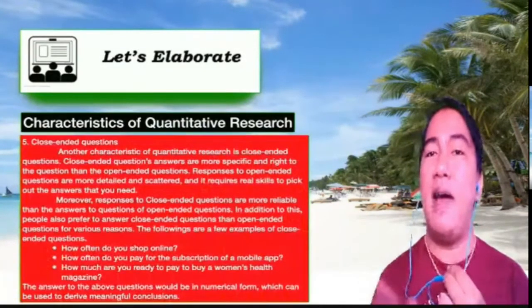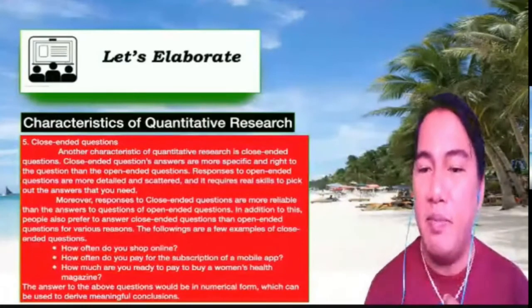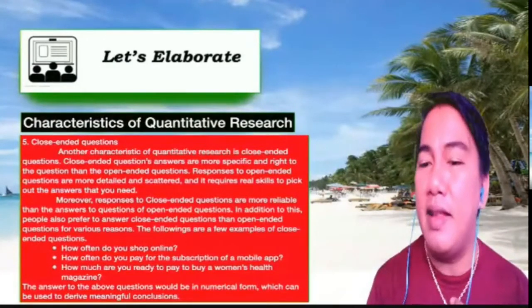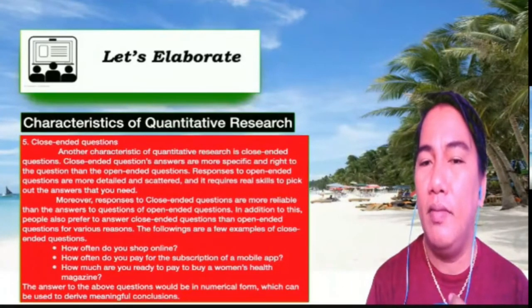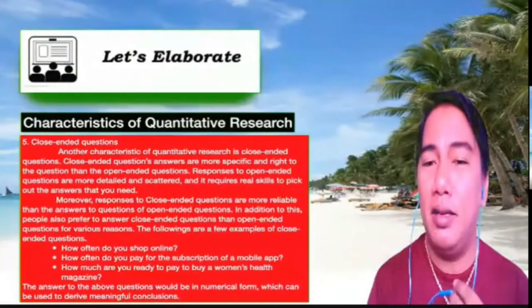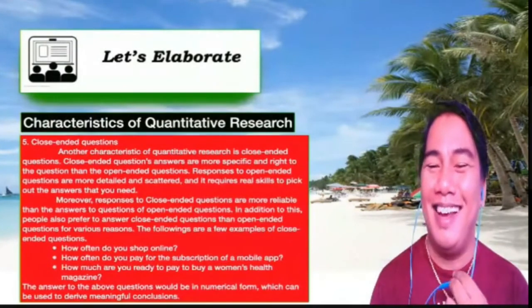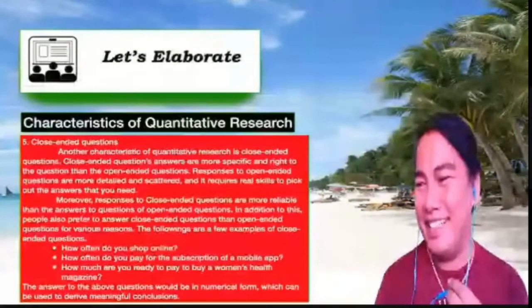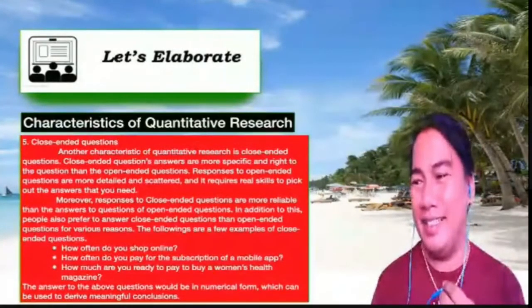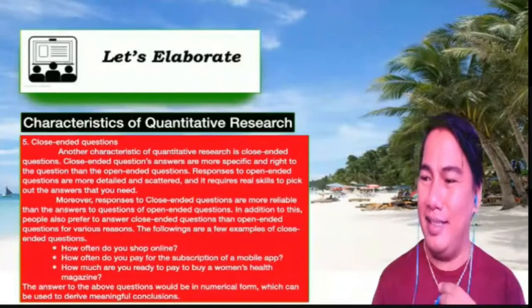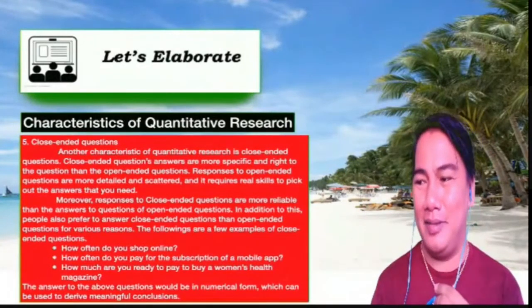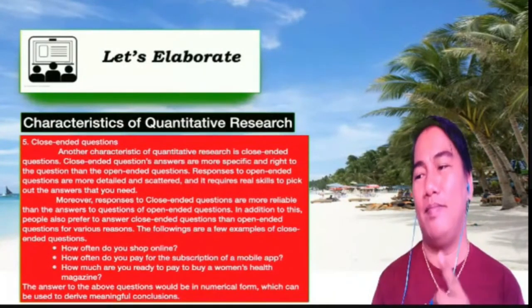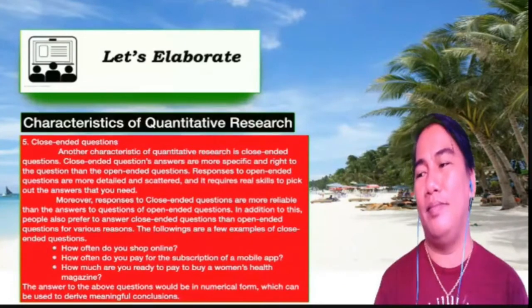Yes, from caregiving, please read number 5. Ako na po, sir. Yes, Jude. Close-ended questions. Another characteristic of quantitative research is close-ended questions. Close-ended questions answers are more specific and right to the question than the open-ended questions.